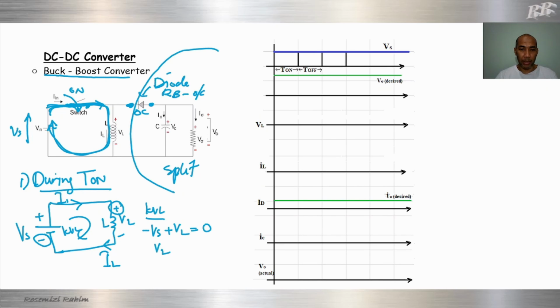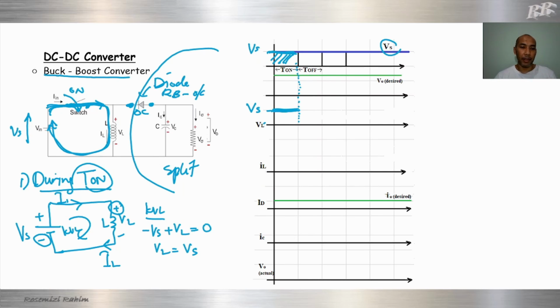So VL equals Vs. During time on, VL equals Vs. Let's say this is our Vs. So at this position, during turn on, VL will be equal to Vs.